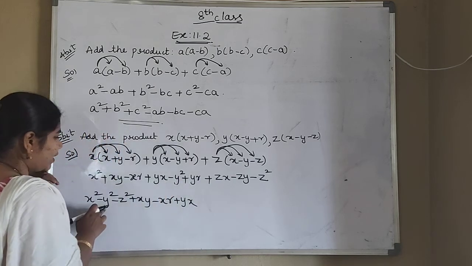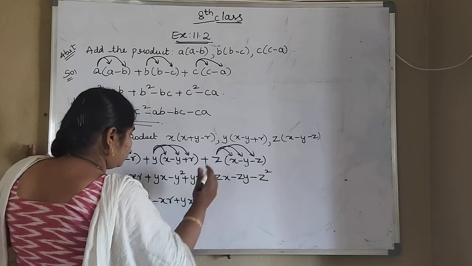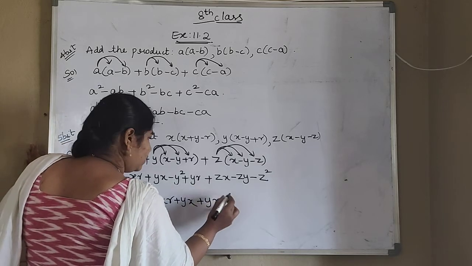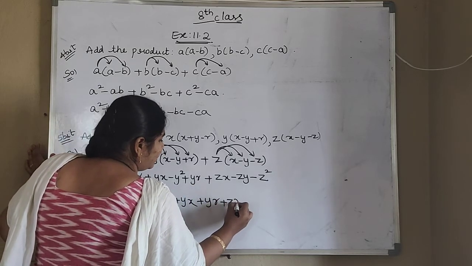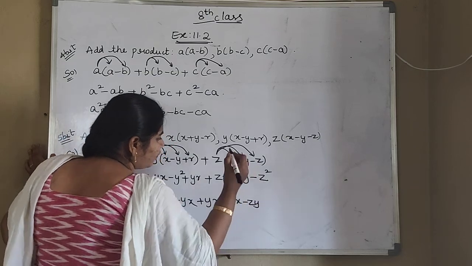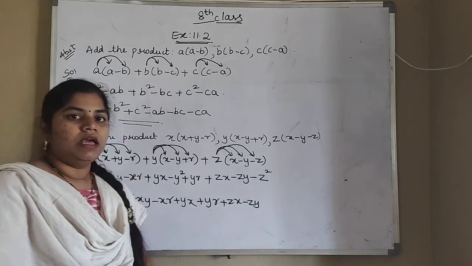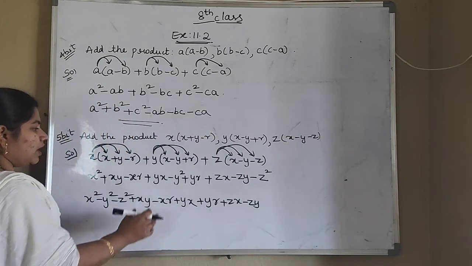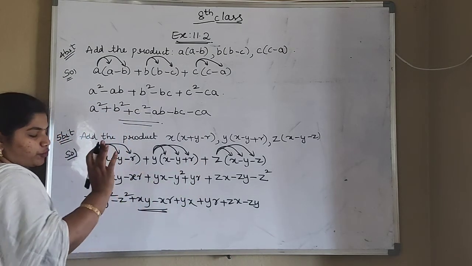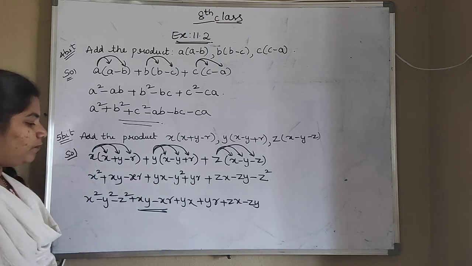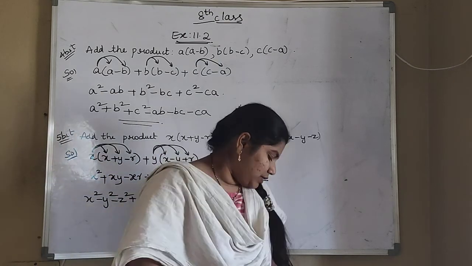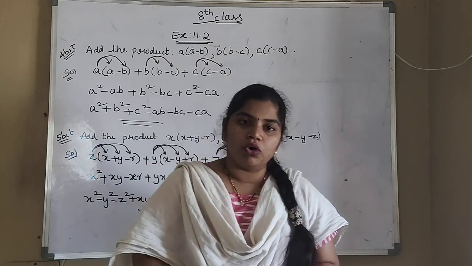Next, already minus y square we wrote. yr, no yr, no zx and no zy. So I wrote all the terms as they are because there are no like terms. All are unlike terms here, so write in order. So this is our fifth bit. The remaining bits, 6th, 7th and 8th, we will continue tomorrow. Thank you.